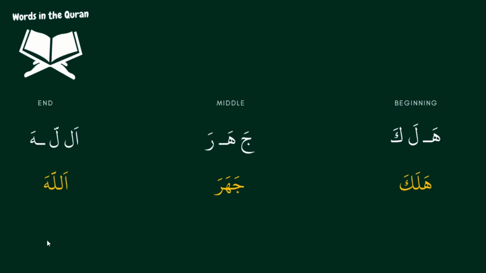As you notice, the ha at the end looks different, but the ones in the front look similar, and the middle also looks quite different, right? So take note of this.